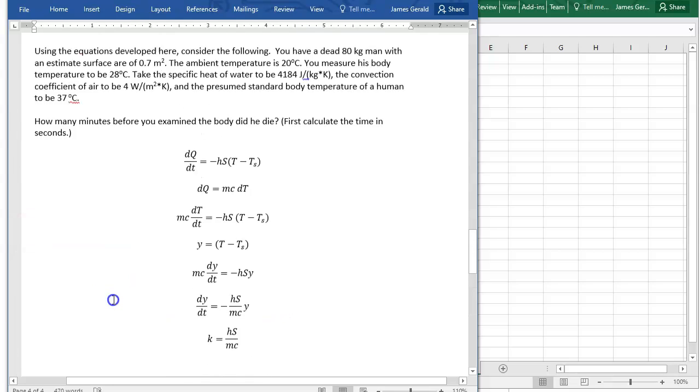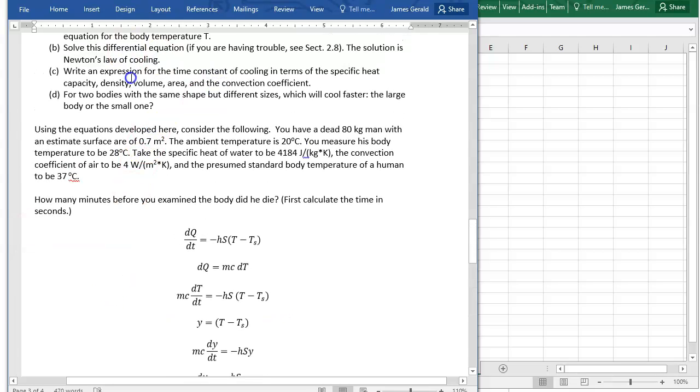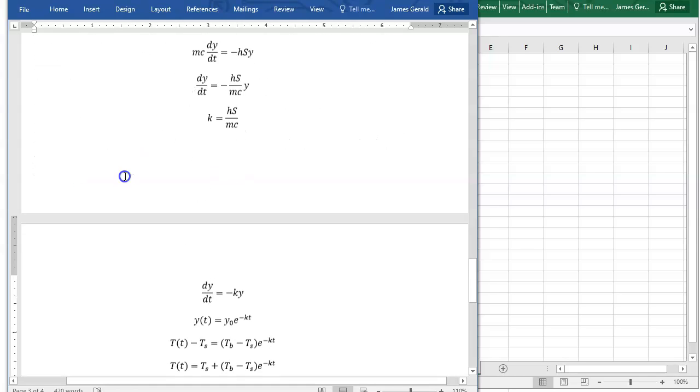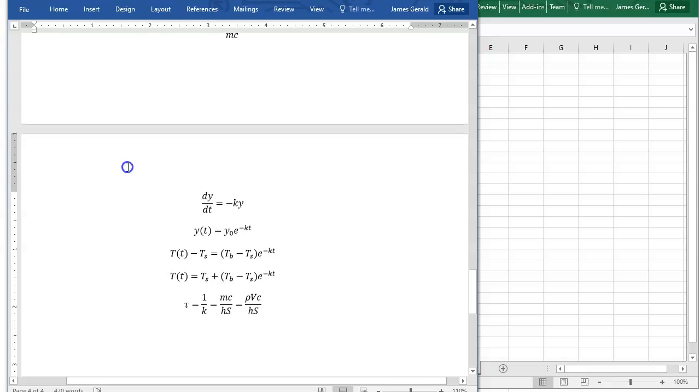And so in the last bit here, two bodies, same shape but different sizes, right? Which will cool faster? Well, same shape but different sizes. So the volume goes up for both of them. Our volume of one is greater than the other.